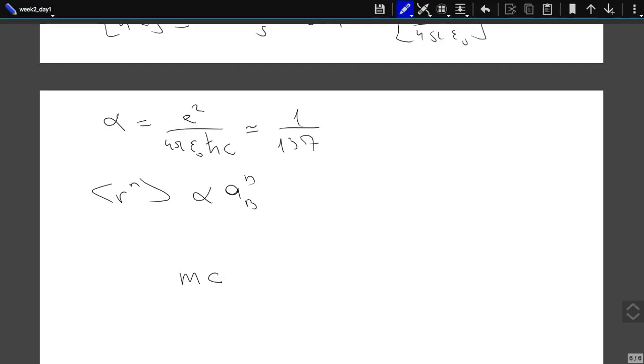Well, if you have a momentum, then you can write a characteristic wavelength, which will be h bar over mc. This is called the Compton wavelength. This is kind of the maximum you can compress the electron wave function.